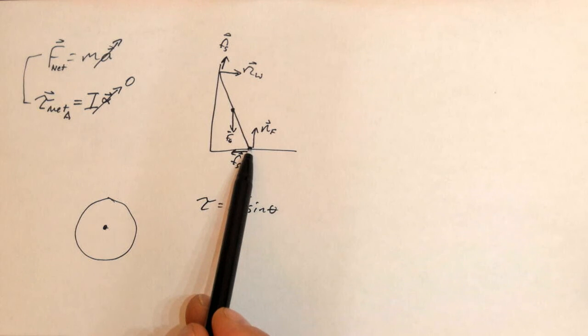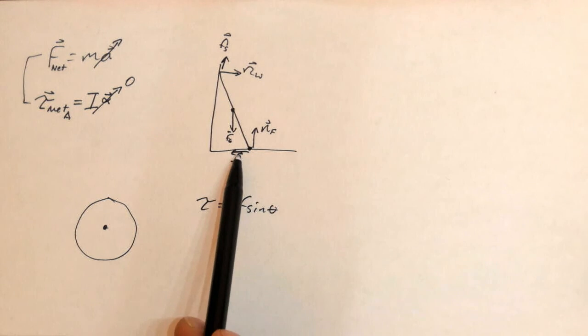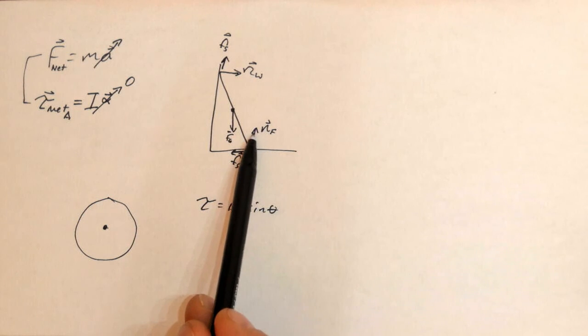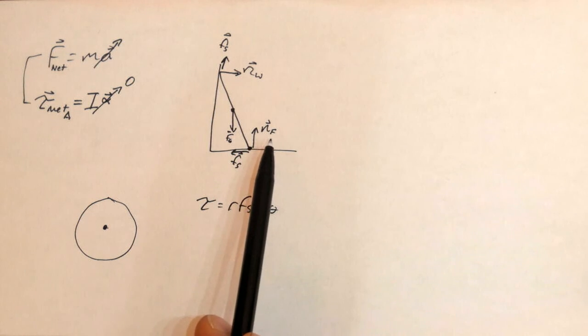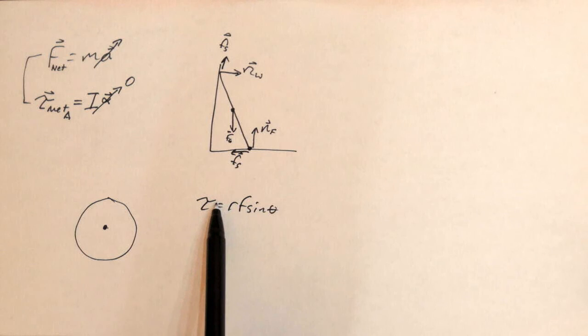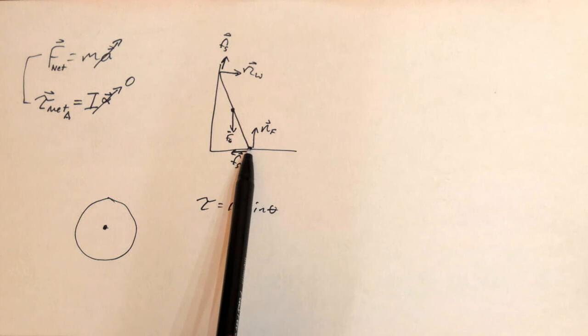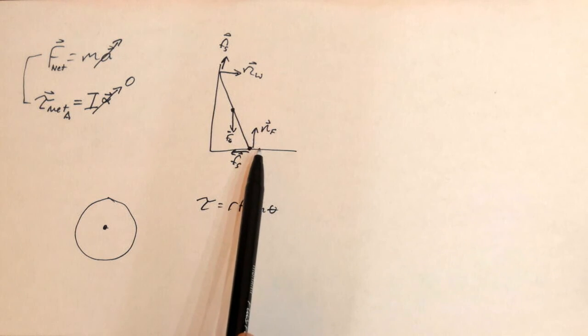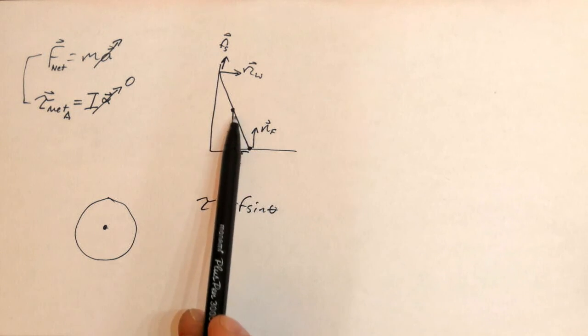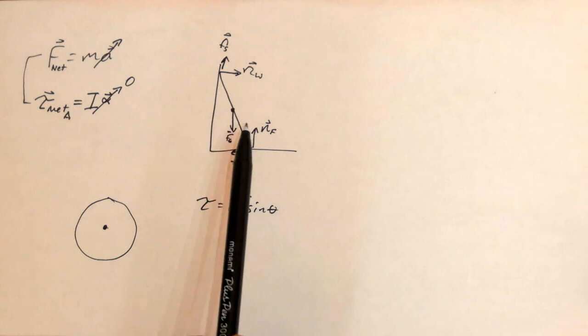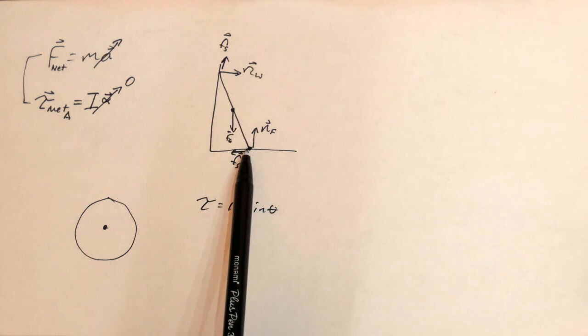If I pick this point to be my reference point, then guess what? The torques due to this frictional force and this frictional force are zero, so they won't factor in. If these are some unknown forces, by choosing my reference point to be here, I don't have to worry about those. They won't be in my equation. Now, these three will, but that one won't be in my equation.